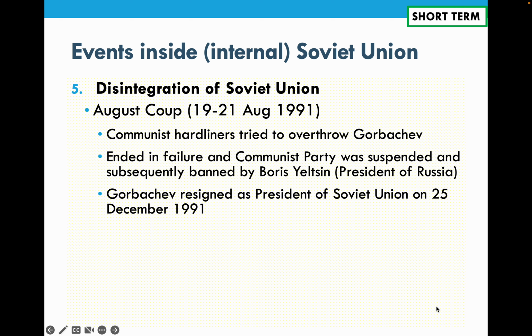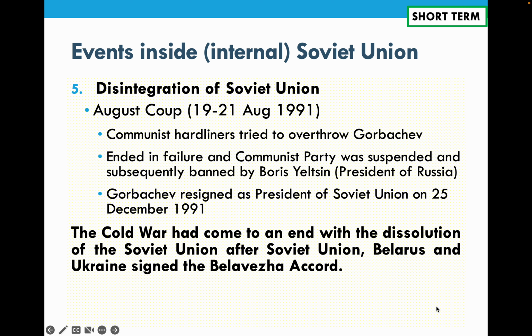So now Gorbachev resigned as president of the Soviet Union on 25th December 1991. So at this point, you realize that the communist bloc disintegrated. Communist parties or the communist regime were banned in Russia. So with this, the Cold War had come to an end with the dissolution of the Soviet Union after Russia, Belarus, and Ukraine signed the Belavezha Accords.